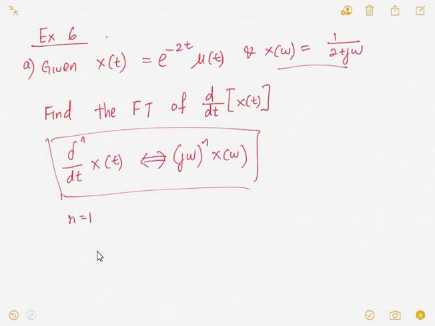Okay, first order only. So d over dt x(t) is equivalent to j omega to the power of 1 times 1 over 2 plus j omega. Okay.